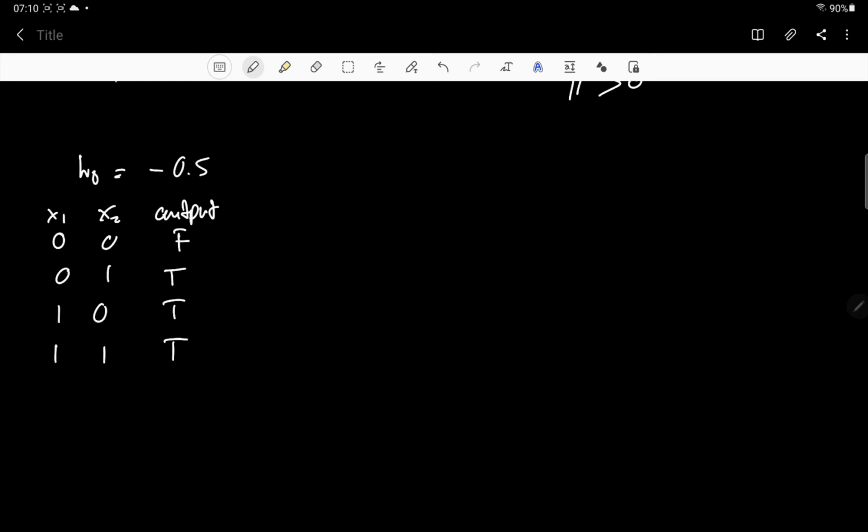1 to be true. So guys, our equation is now W0 plus W1 x1 plus W2 x2. It must be greater than 0. This time our W0 is minus 0.5 and this is W1, W2.